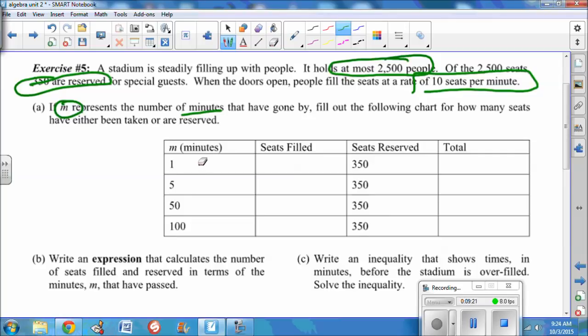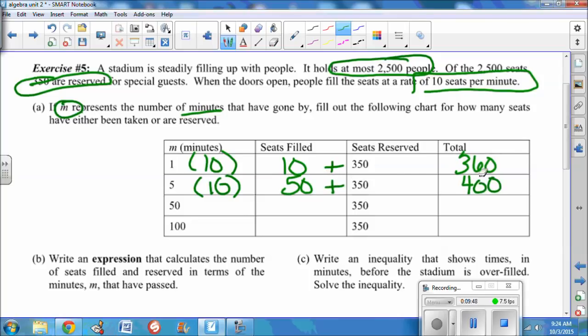So at 1 minute, okay, we've got 1 minute has gone by. We've got 1 times 10, because every 1 minute, 10 seats fill up. So we have 10 that are filling up, plus that 350 that are reserved. So that gives us 360. Then after 5 minutes, 5 times 10, okay, which is 50 seats are filled up, plus the reserved, 400. 50 minutes have gone by, so almost an hour. 500 seats, okay, plus the reserved gets us to 850 seats.